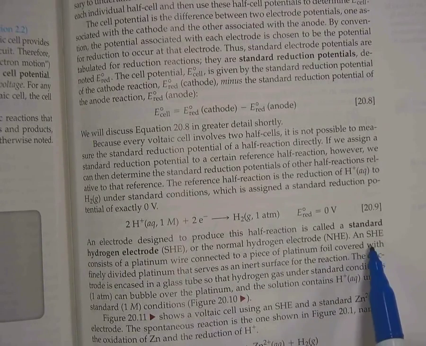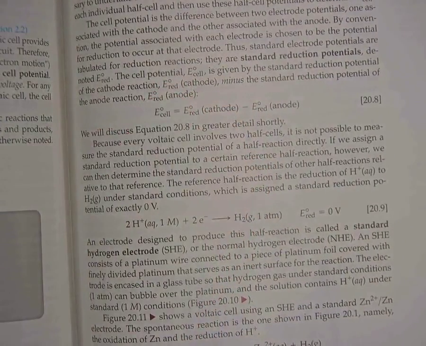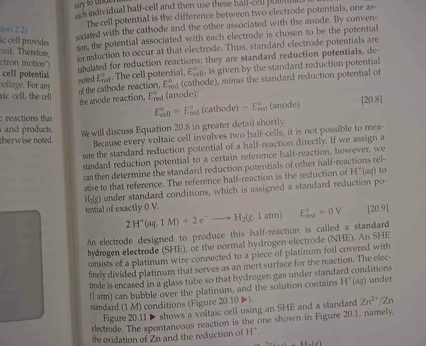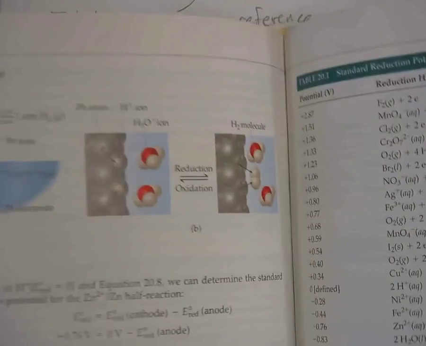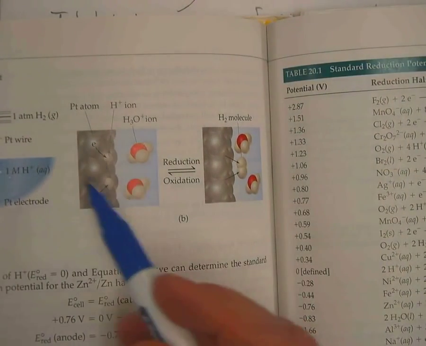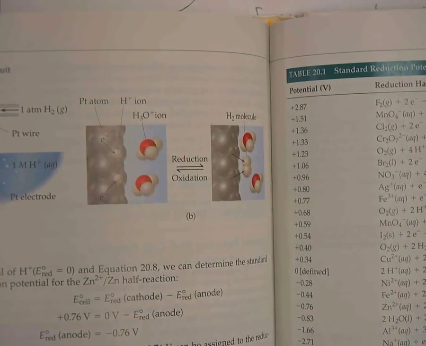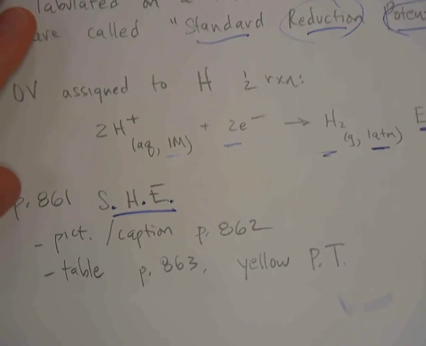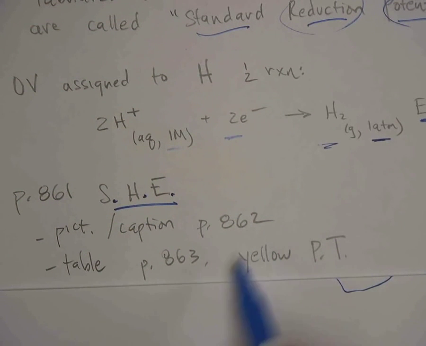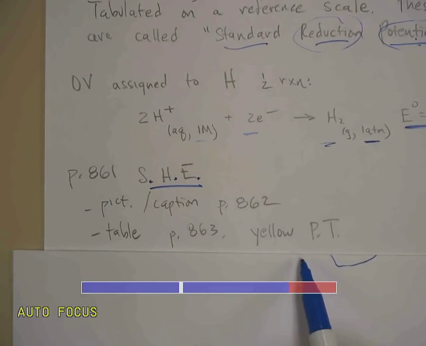A standard hydrogen electrode consists of a piece of platinum foil covered with finely divided platinum that serves as an inert surface for the reaction to take place. Okay, so now you've seen a picture of it. You can actually see the reaction on the atomic scale right here, and you can see that it has been assigned a voltage of 0. That's the picture caption on page 862. We looked on the yellow periodic table and saw that it had 0 voltage assigned to it.